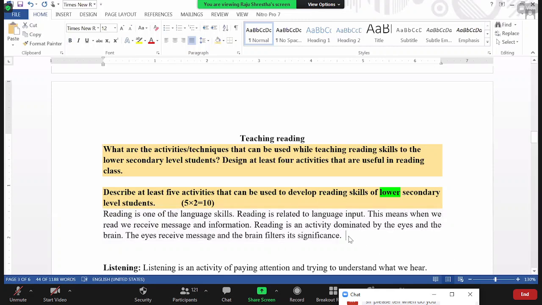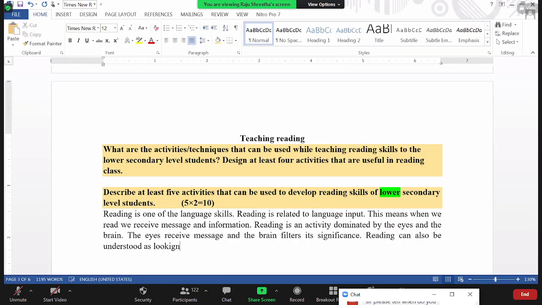Reading can also be understood as looking at words and sentences and extracting required information.